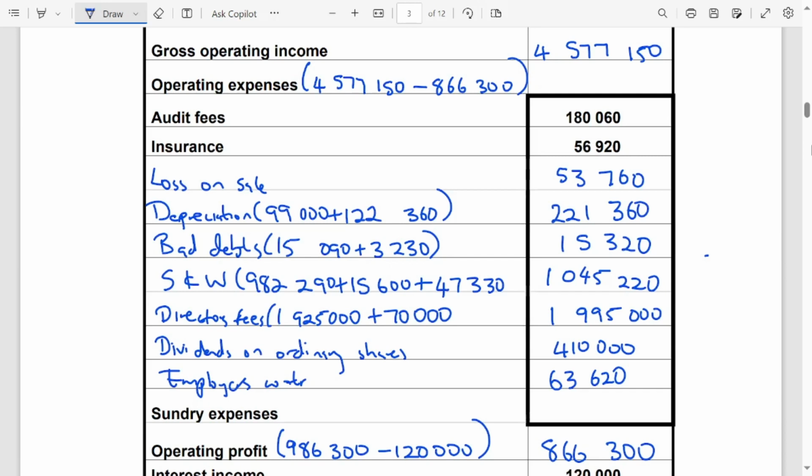Which is going to be 3,710,850. So we're done with the income statement.